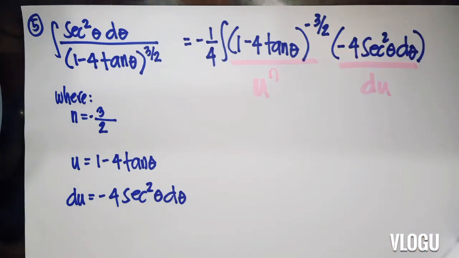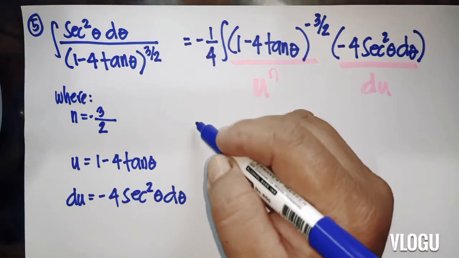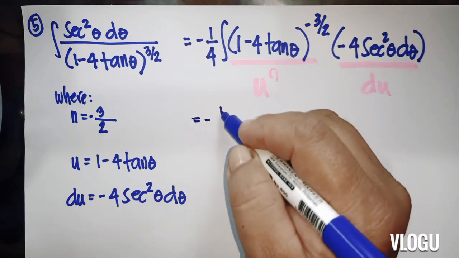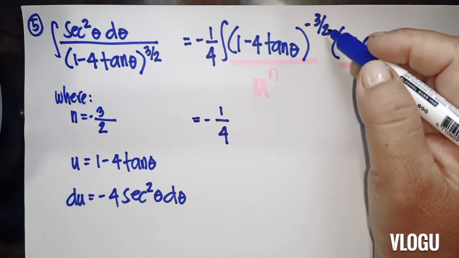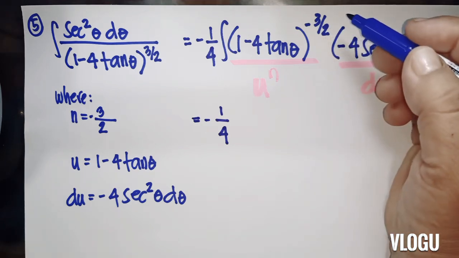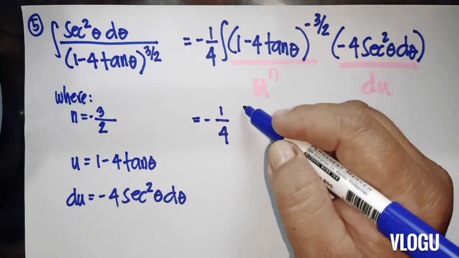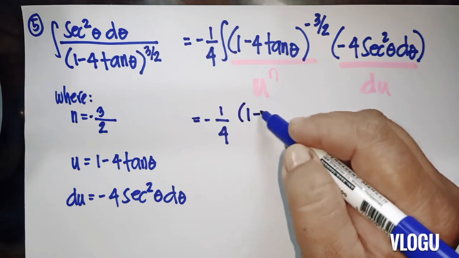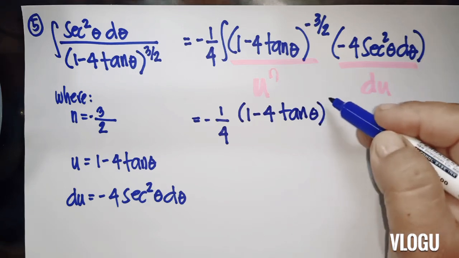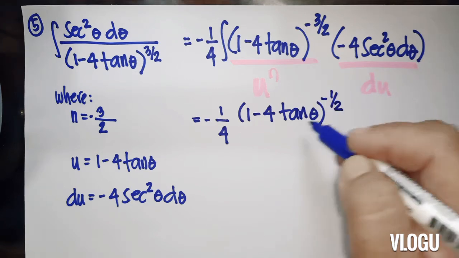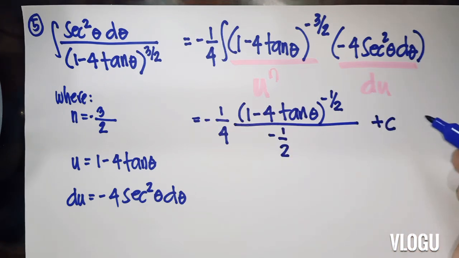So from that, we will have negative 1/4, negative 3 halves plus 1, so you will have negative 1/2. So you will have 1 minus 4 tangent theta to the negative 1/2 over negative 1/2 plus C.